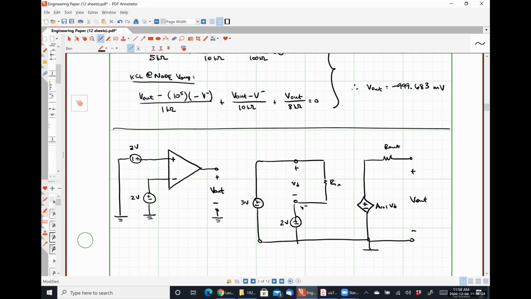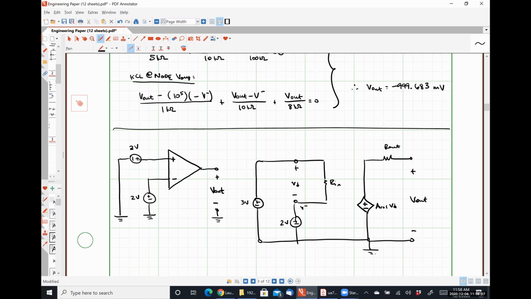And for the sake of argument, there's our ground. Without getting into the math, can anybody tell me what the output voltage is supposed to be? If no current flows through this resistor R out, V out has to be AVOL times VD, right? So if we use the same values as the last example problem, AVOL is 10 to the 5.